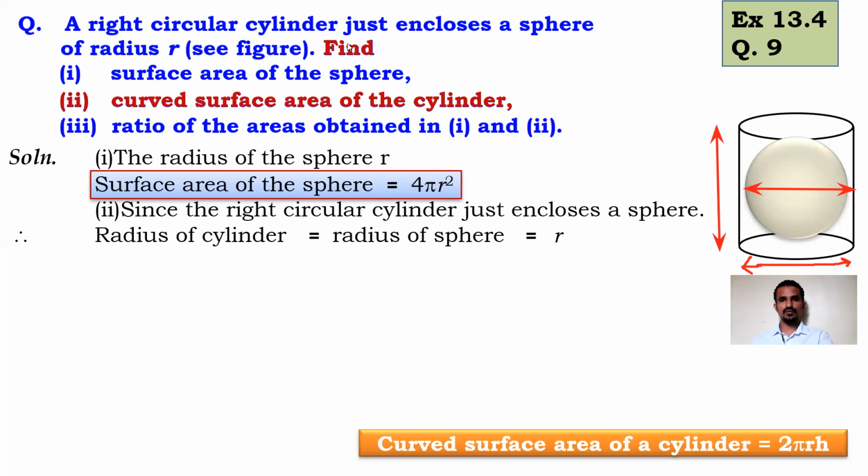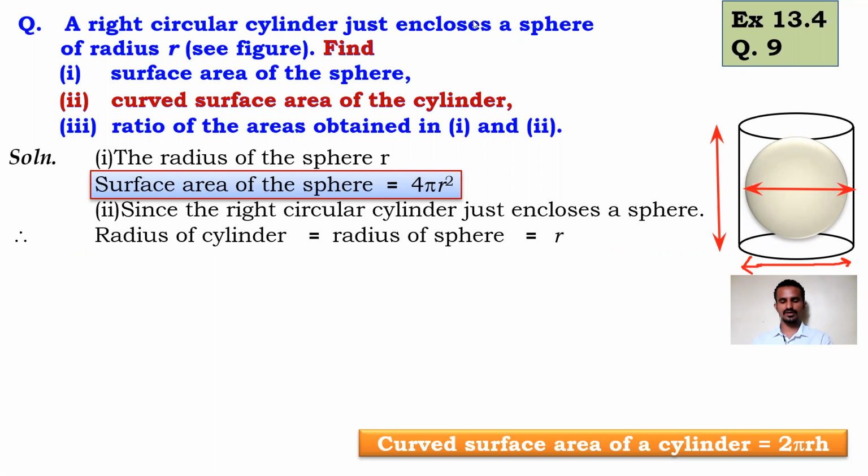Now you think carefully and tell me what can we say about the height. How will you get the height of the cylinder? Think about it. The hint here is height of the cylinder is same as height of the sphere. Listen to me carefully.